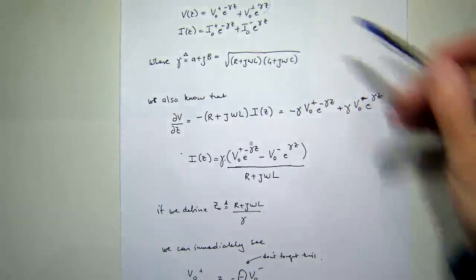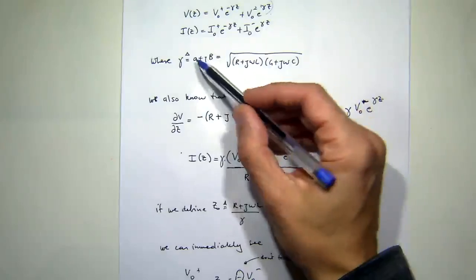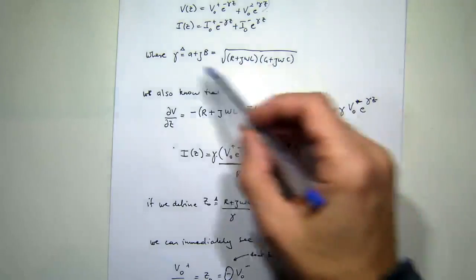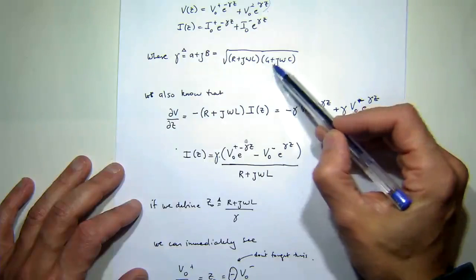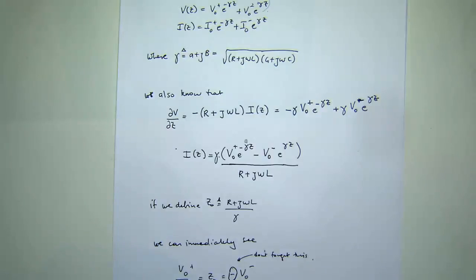And essentially what you'll also find is gamma, which is the propagation constant, has a real component and an imaginary component. This gamma is the square root of (R plus j omega L) times (G plus j omega C). Now, before we move on, if I said we have a transmission line which was lossless, what would that propagation constant be equal to?